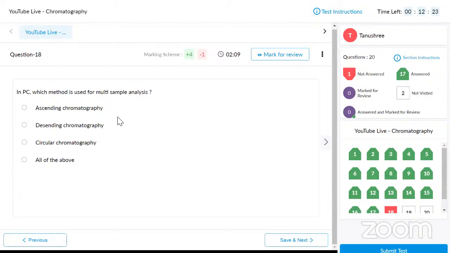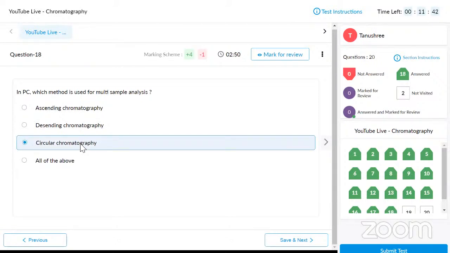So in circular chromatography, if you spot your sample at the center of the circle and the paper moves in a circular motion, clockwise or anti-clockwise, along with the flow of the mobile phase, then that single mobile phase and that single paper, the circular paper, is able to analyze a mixture of analytes. It means that even if your unknown sample has multiple analytes, all of them, if you use a proper mobile phase, will be separated and you will be able to analyze them. So circular chromatography, also called radial chromatography, is the only technique in paper chromatography for multiple sample analysis.